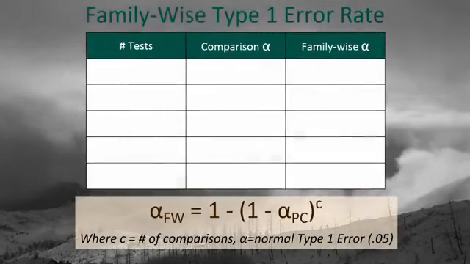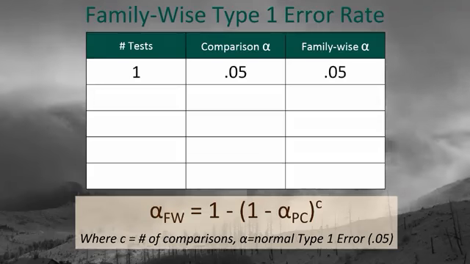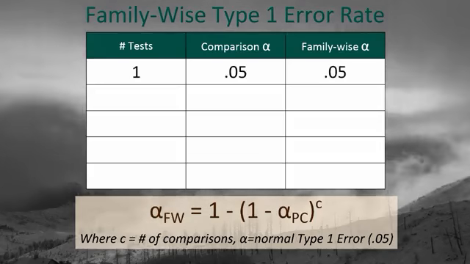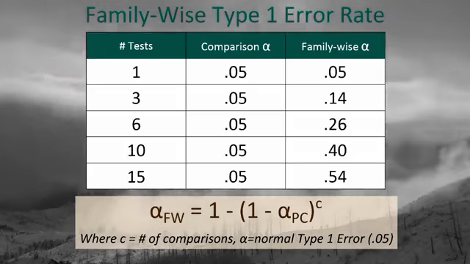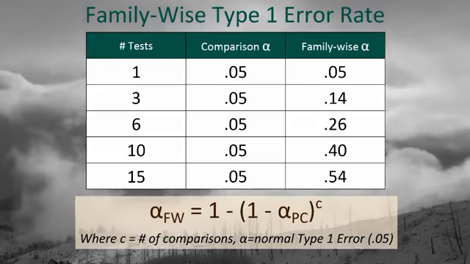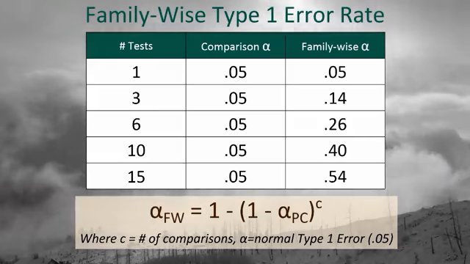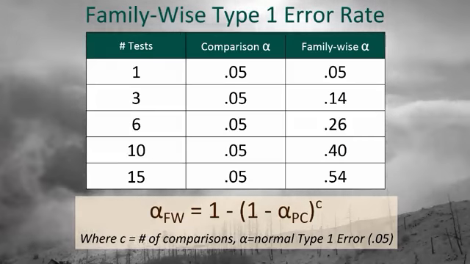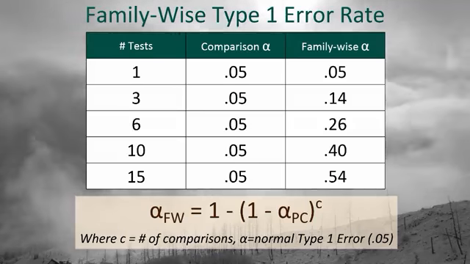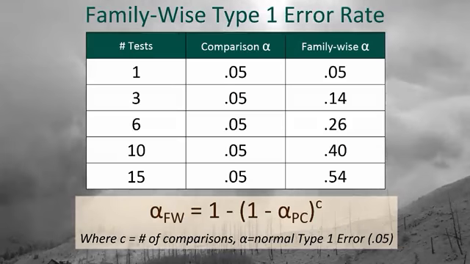Using the formula displayed under this table, you can see that while one test has a type 1 error rate of 0.05, by the time we've conducted 10 tests on this question, our chance of rejecting the null hypothesis when the null hypothesis is true is up to 40%. This increase in the type 1 error rate is called the family-wise error rate and is the error rate for the group of paired comparisons.